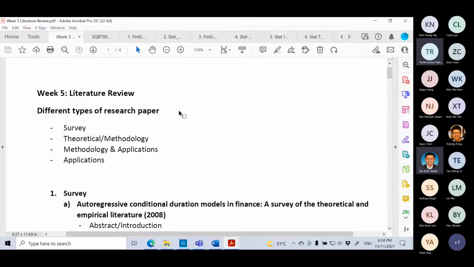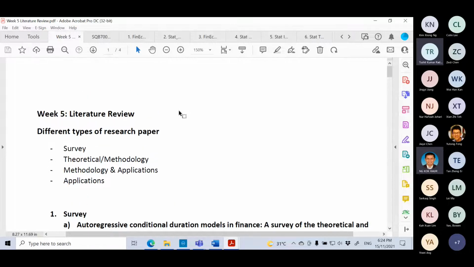Literature review is very important in research, where a lot of previous research work is summarized in the research paper. From the research paper you can also find the research gaps.